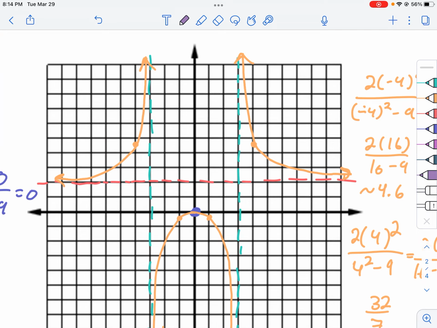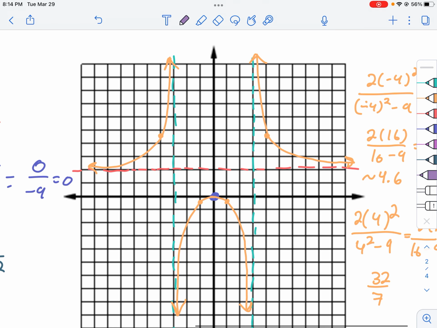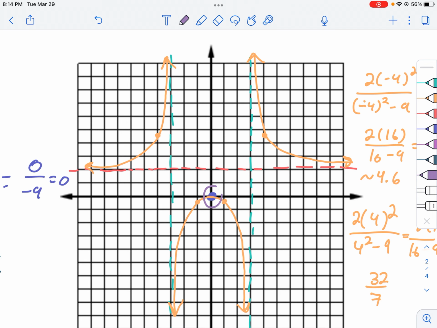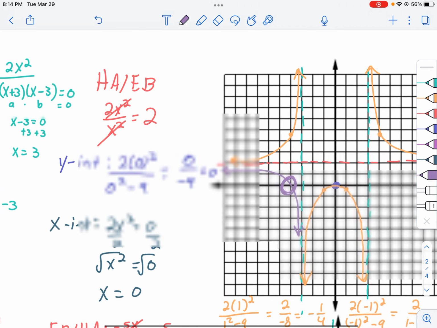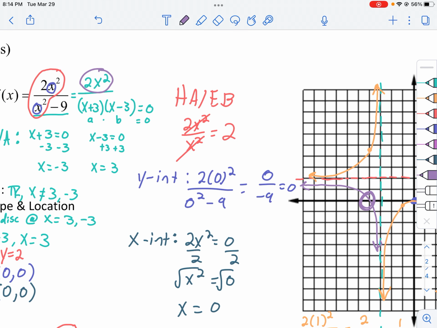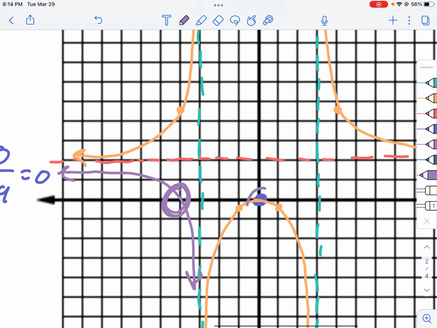One thing to note, as you get better at graphing these things, notice that the only x-intercept we found was the origin. In order for the graph to be on this bottom section, it would have to cross the x-axis again, which this equation, 2x squared in the top, only has a point right there at the origin.